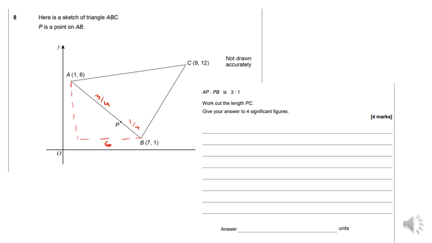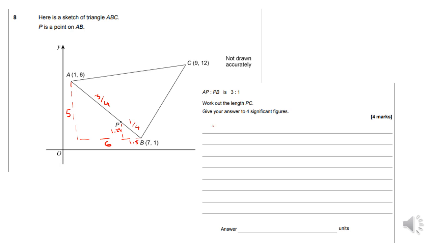Up the y-axis, it goes from 1 to 6, so this movement is 5. So if I want to go 1/4 of that and just go from P to B, I can quarter both of those measurements. So 1/4 of 5 is 1.25, and 1/4 of 6 is 1.5.